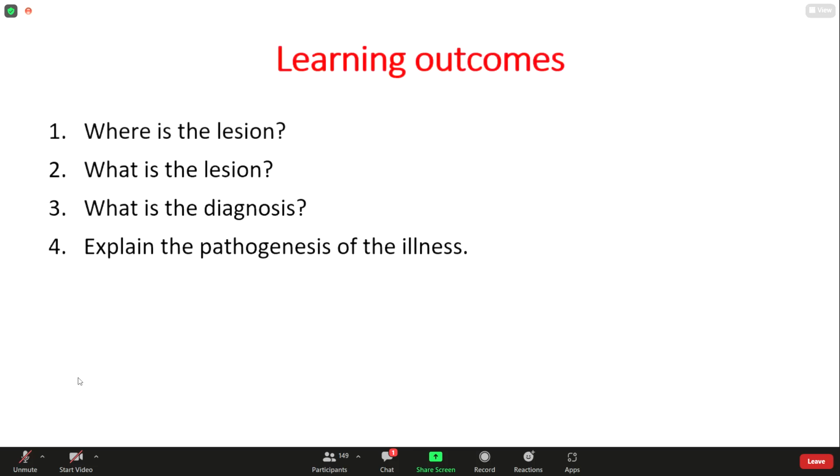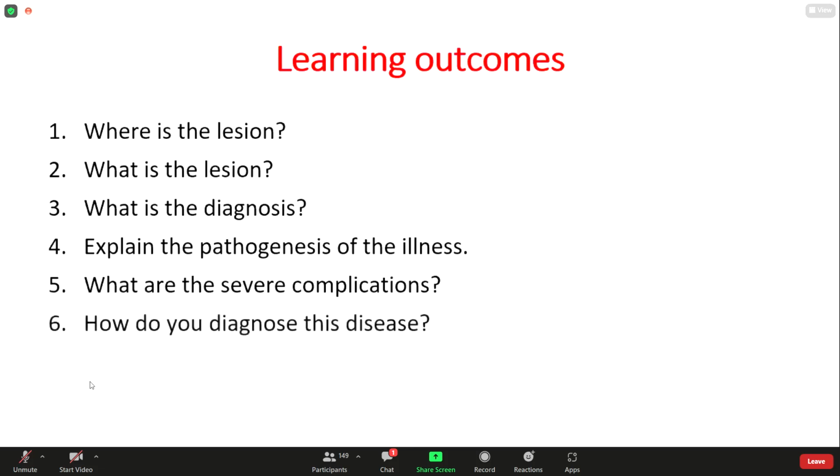Explain the pathogenesis of the illness. Molecular mimicry causing antibody production against myelin. Good, excellent. What are the severe complications? Someone else? Respiratory failure and autonomic dysfunction.